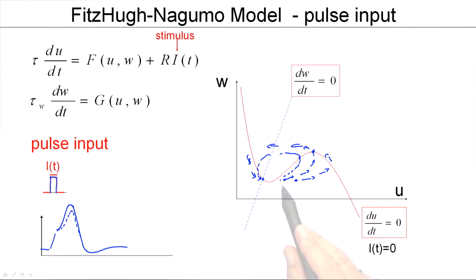In this kind of model with a Hopf bifurcation in the regime where we have a stable fixed point, there's no such thing as a strict threshold. There's no stable manifold that could serve as a threshold. Shortcuts are possible.